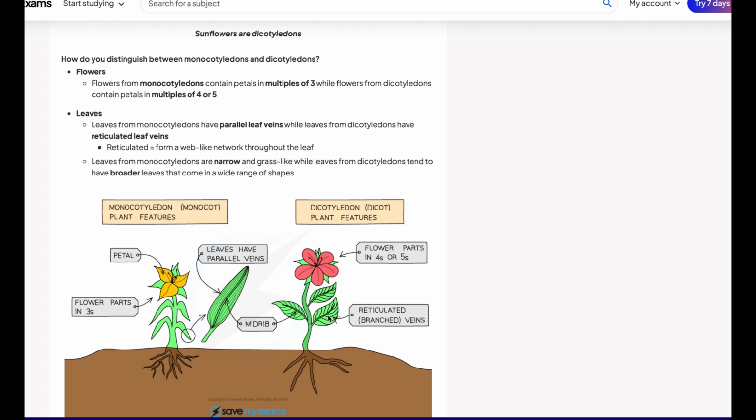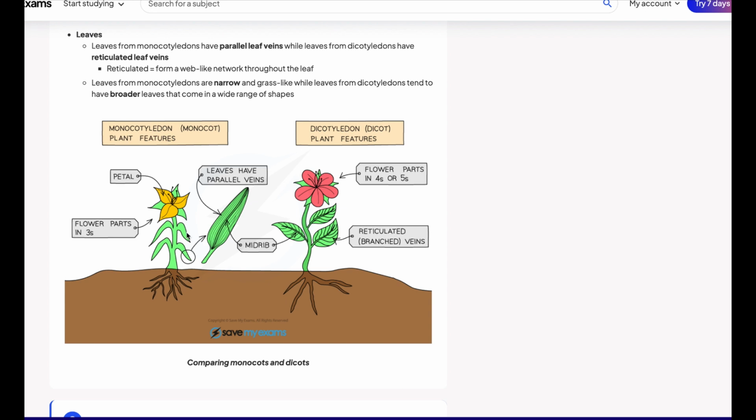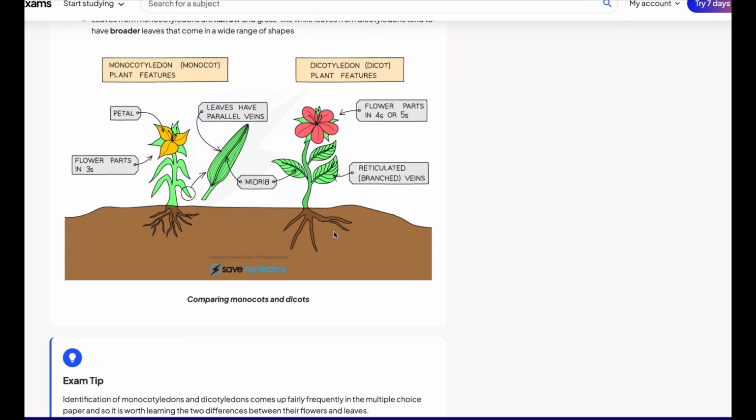This is a dicotyledon; the veins are reticulated. While this one from monocotyledon, the veins of the leaf are parallel. Is that okay? This is an example of monocotyledon, like maize, corn. And then you have every other leaf like cocoa, they are dicotyledons.